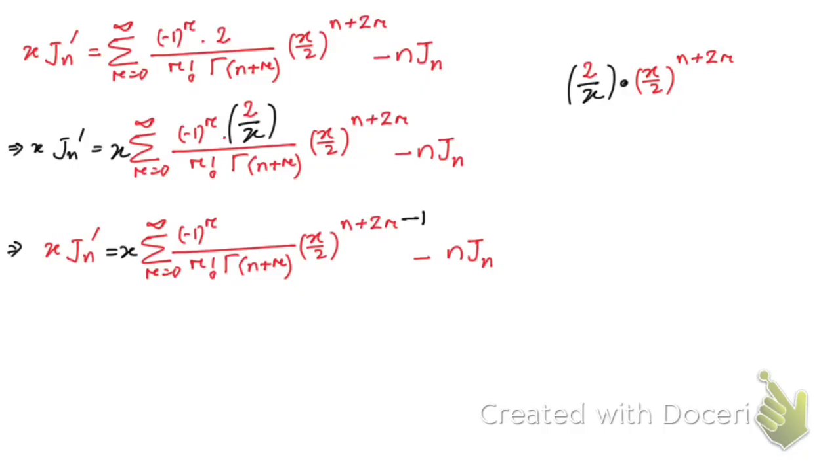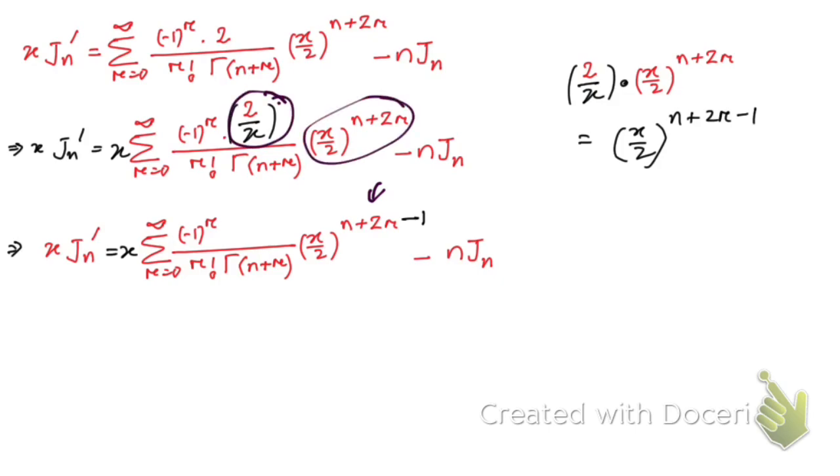So here you see, if you simplify this, then x by 2 n plus twice r minus 1. So that is what we have written here after multiplying this one and this one, right? Hope you have understood this. Okay, this is very simple multiplication. Hope you can do these things.